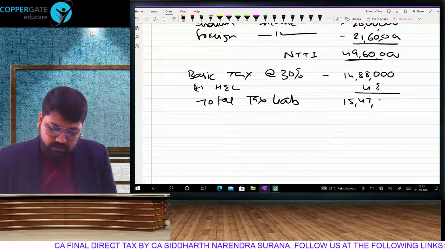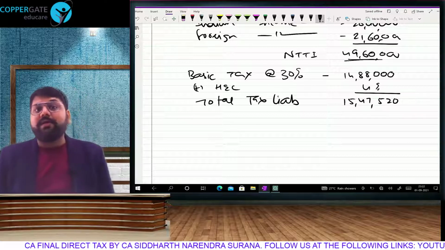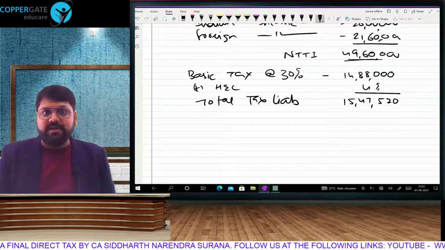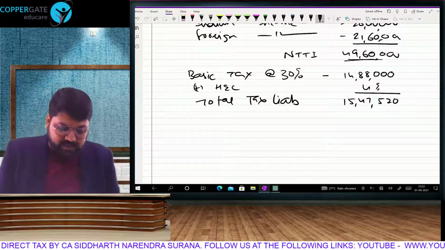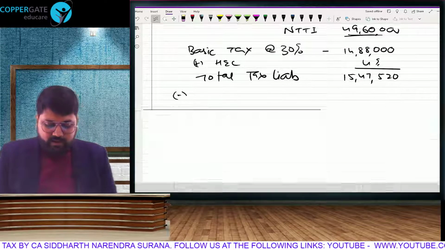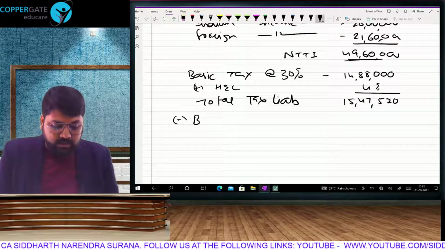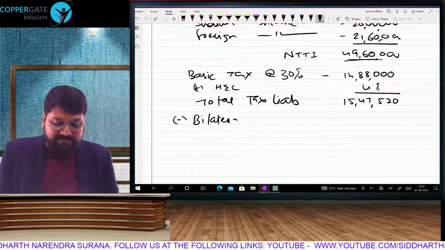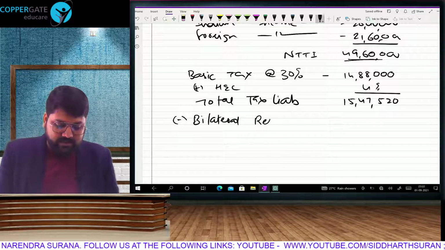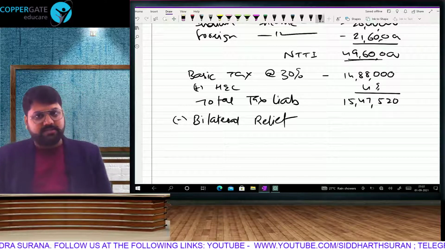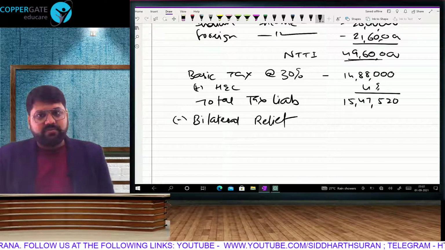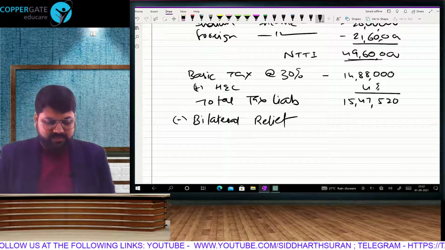15.47 lakh. I am not calling it final liability. Terminology is very important. This is total. But from this total, am I eligible for? You can call it bilateral relief. You can call it foreign tax credit, FTC. Internationally, many a times they write this term, foreign tax credit. What is the bilateral relief available to the assessee?